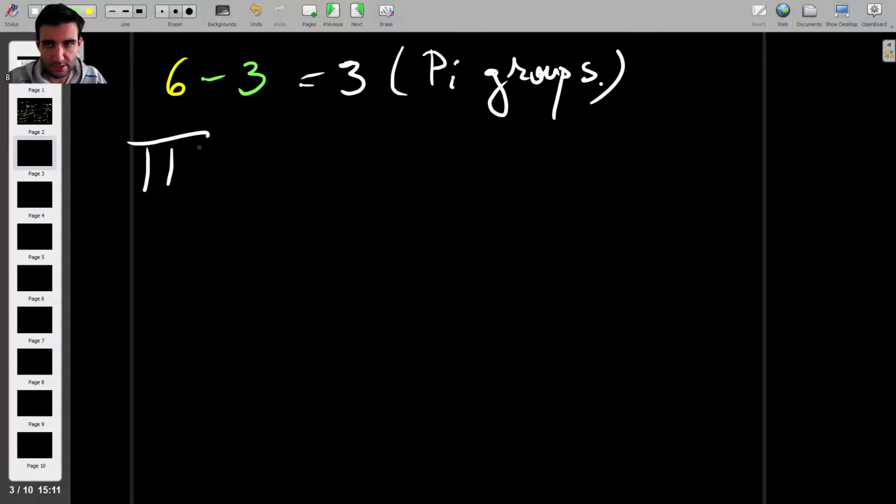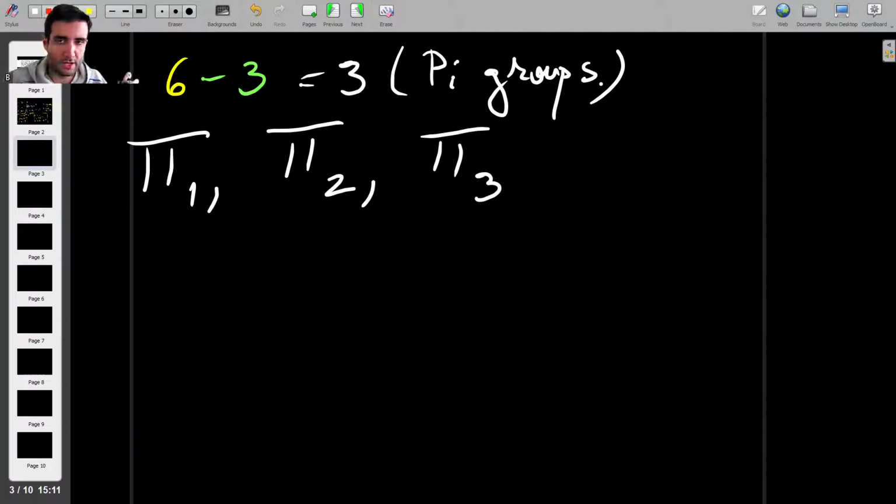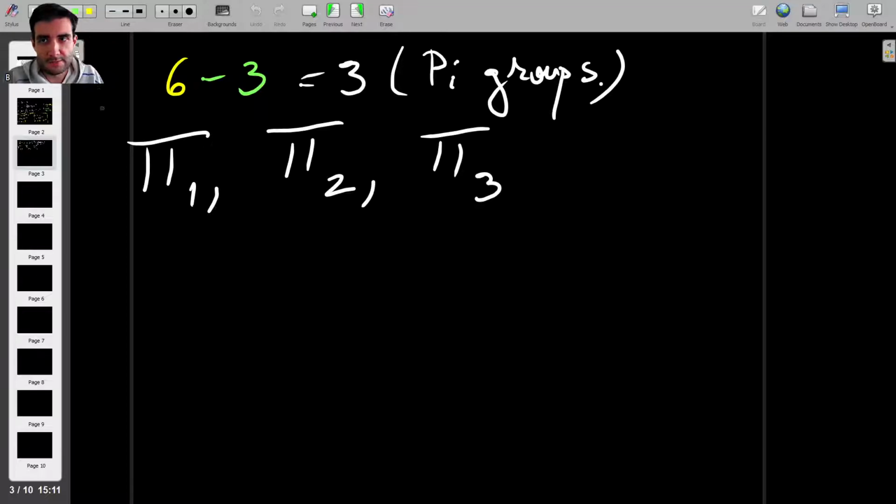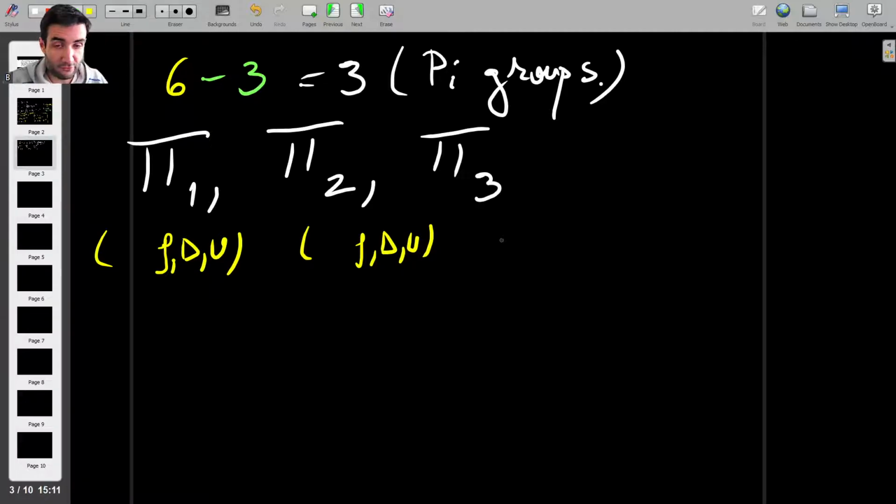So we have pi 1, pi 2, and pi 3. Now, each group will have one variable that does not appear in any of the others. The question tells us to use rho, D, and U as the repeating variables. In other words, each pi group will have rho, D, and U in some form, but each pi group will also have a fourth variable that does not appear in any of the others. Let's say the first pi group, I want that to have power.